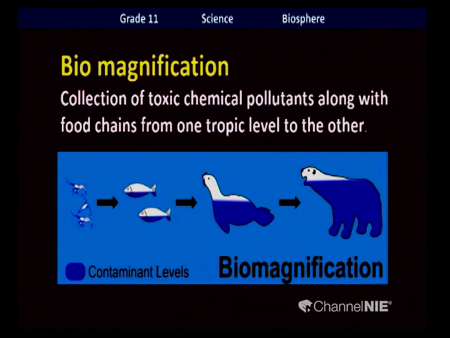Let us see what is biomagnification. Biomagnification means the collection of toxic chemical pollutants along the food chain from one trophic level to the other. If you write a food chain, the first trophic level is mostly plants, but if you take an aquatic environment, you can see the contaminant level given by this color in each organism. At the beginning there may be prawns or crabs.